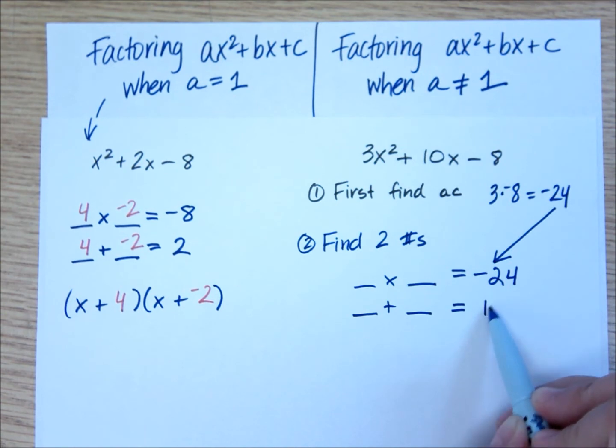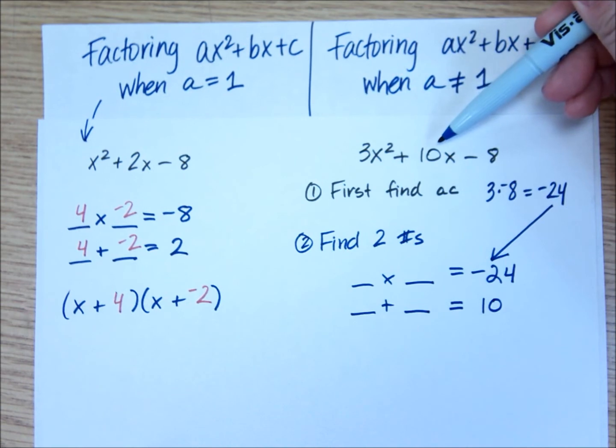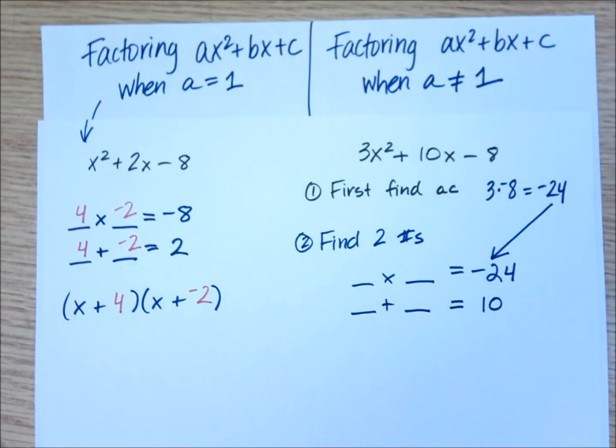That does not change. It's still just the middle term for what they have to add up to. So I'm looking for two numbers that multiply to give me -24 and add to give me +10. Make sure you're very careful about the signs. There are lots of possibilities for numbers that work with multiplying to 24 and adding to 10, but with the signs, there's only going to be one possibility that really works, and it has nothing to do with 6 and 4.